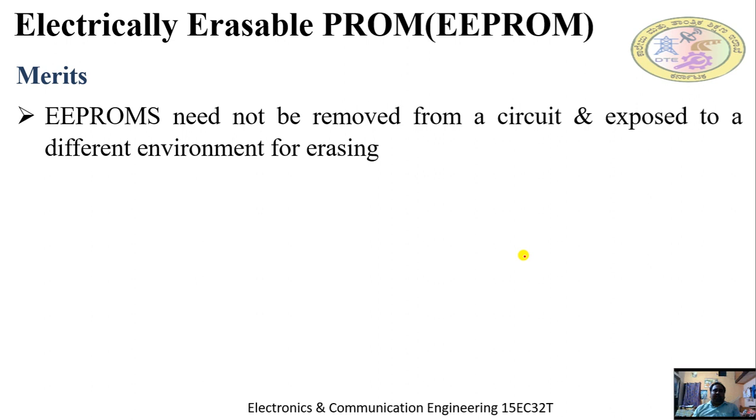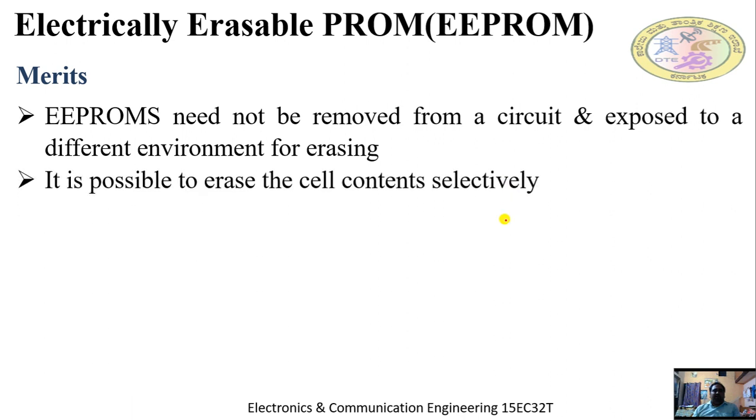Let them stay in the circuit, and if they are exposed to current pulses, or some high voltage, we can do the erasing. They need not be removed physically from the circuit. That is an advantage. It is possible to erase the cell contents selectively. This is another advantage.